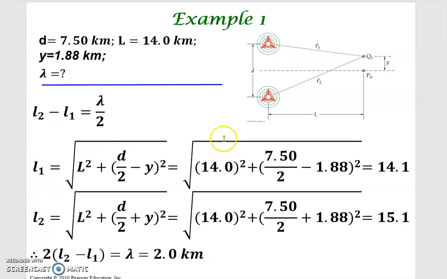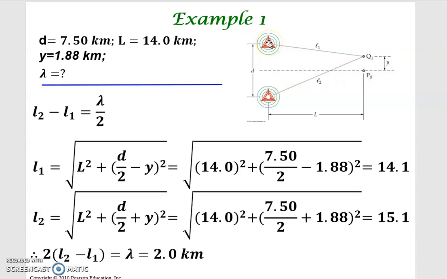So what is L1? You can use the trigonometry relation I show here. If you look at this triangle, the length of this side is capital L, and the length of this side is 2d minus y, because the distance from the source to the center is 2d, but Q1 is y above the dashed line.